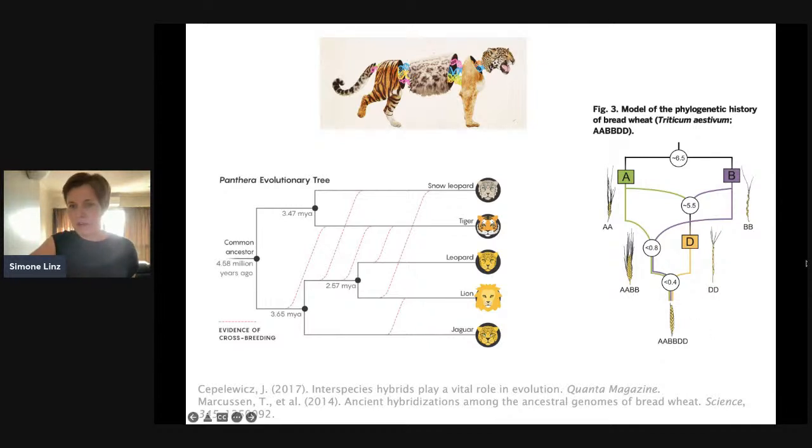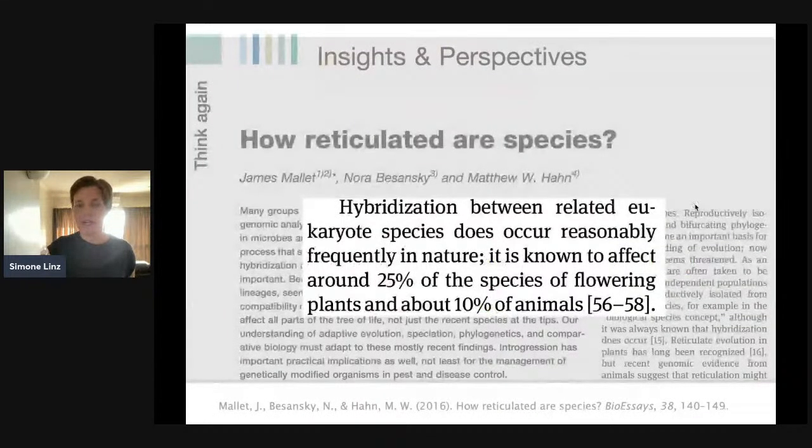And this particular species here at the bottom of the slide is a result of several rounds of hybridization between the ancestral lineages of this species. So of course you may wonder, how frequent is this process, and do I really need to think about it when I analyze some data? And this is what James Mallet and his collaborators have thought about in this paper here, which was published in 2016.